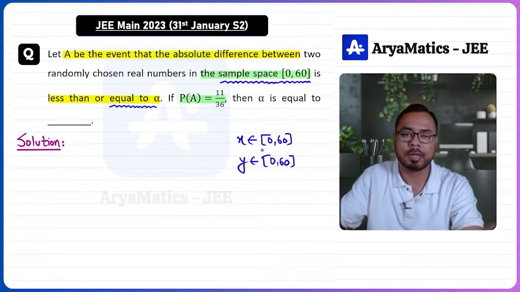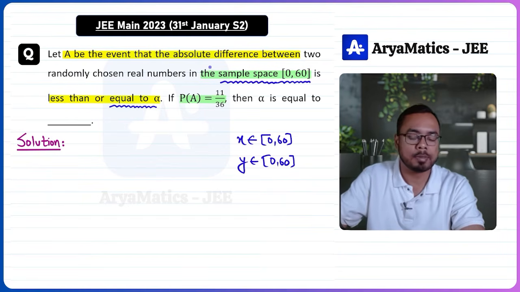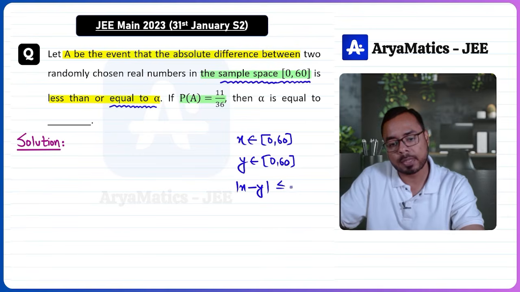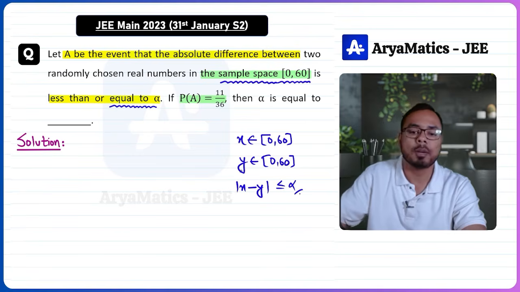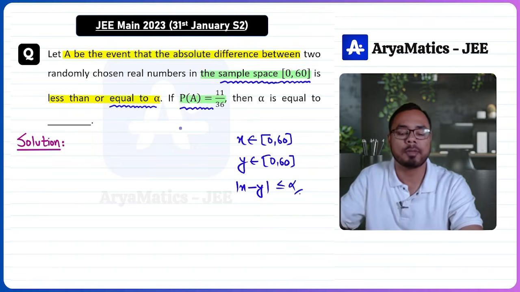It is not given that x and y are integers, so you have infinite possibilities for x and y. And then it is given that A is the event that the absolute difference between those two randomly selected numbers is less than or equal to alpha. That means mod x minus y is less than or equal to alpha. And the probability of this thing is 11 by 36. So then what should be the value of alpha?